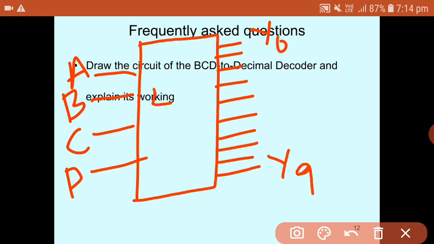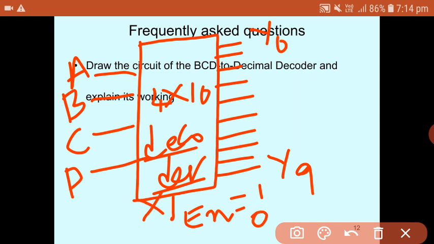So this is a 4 by 10 decoder. In addition, you can also put one enable input. If enable is equal to 1, this works as a 4 by 10 decoder. If enable is equal to 0, it won't work as a decoder.